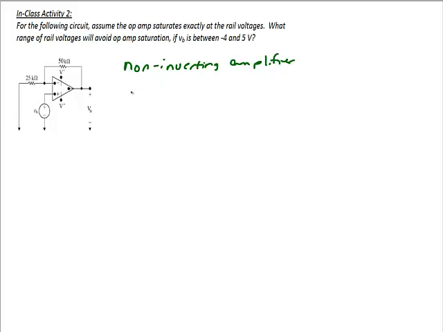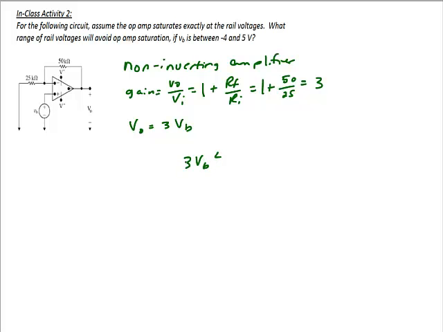Remember, the gain is output over input, which is 1 plus RF over RI for this circuit, or 1 plus 50 over 25. So the gain is equal to 3. So Vout is equal to 3 VB. So we need 3 VB, which is the output, to be between the positive rail and the negative rail.